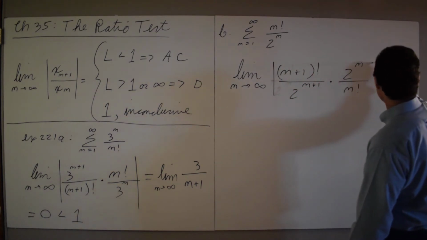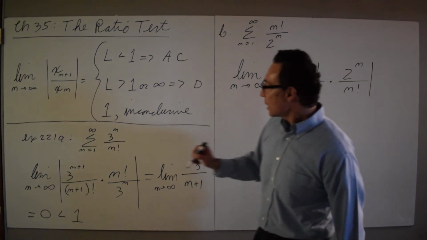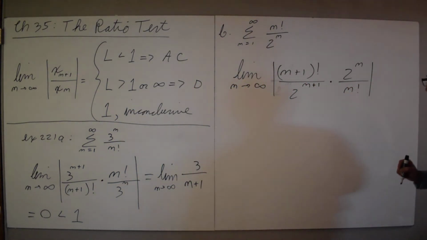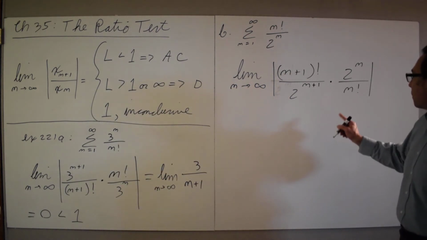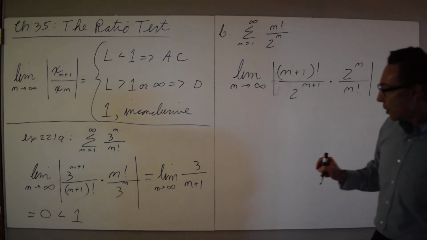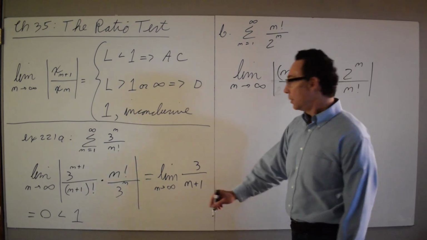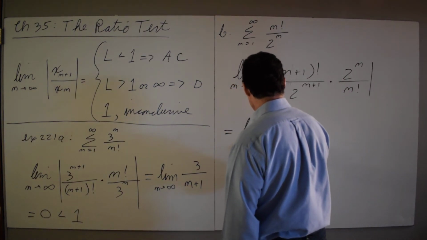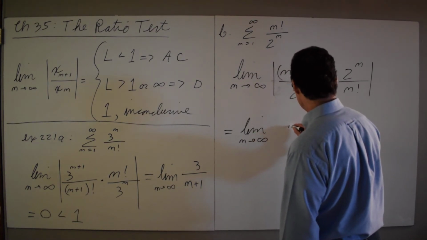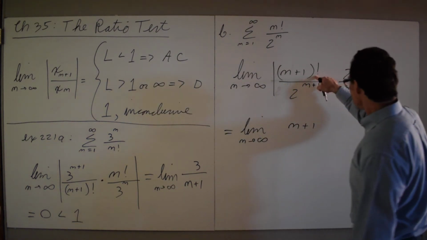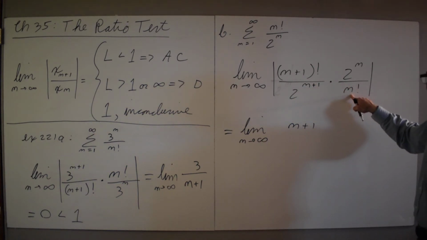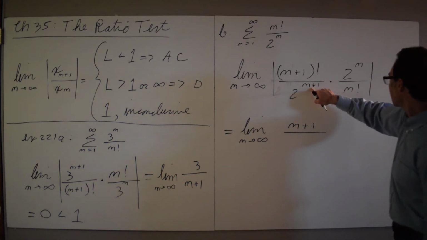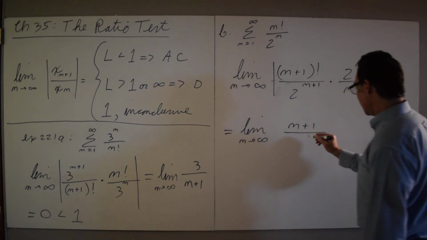We take the absolute value. That's what the ratio test tells us to do, but again, for this example, that's actually redundant. But what happens here is this reduces nicely, just like this example did. n plus 1 factorial divided by n factorial is n plus 1. 2 to the n plus 1 divided by 2 to the n is 2.